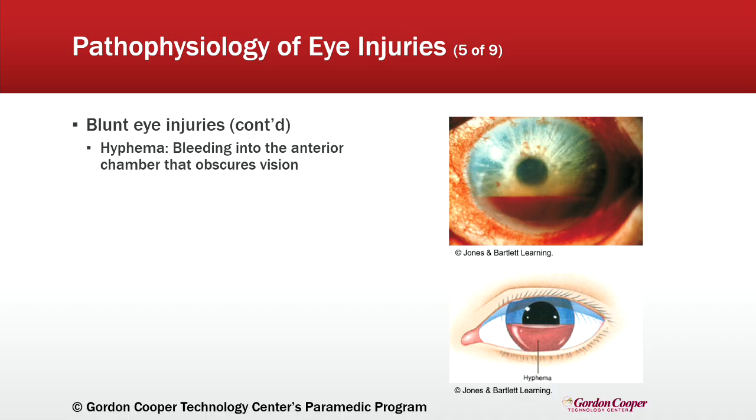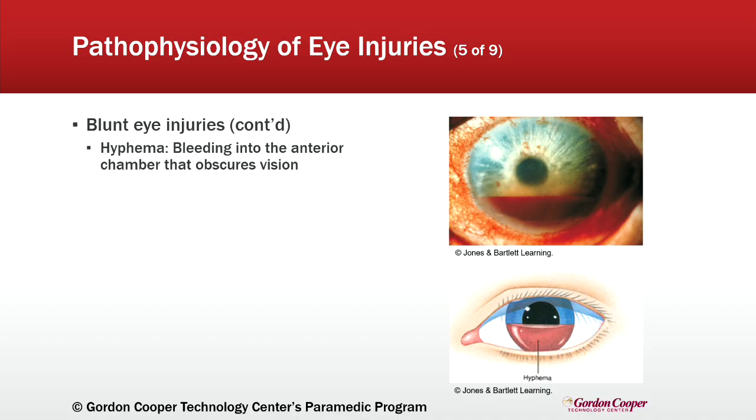Hyphemia is bleeding into the eye's anterior chamber that obscures vision. An 8-ball hyphemia is a dark colored clot that completely covers the anterior chamber. An acute injury causes bright red blood to collect, while dark blood suggests an older injury. To visualize the hyphemia, shine a pin light at an angle through the anterior chamber.